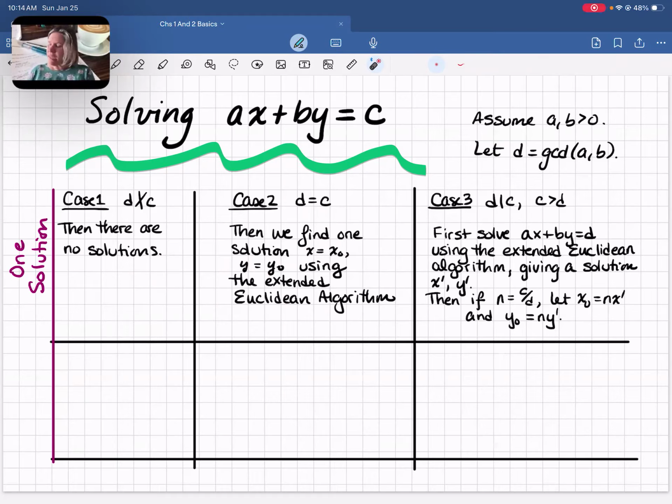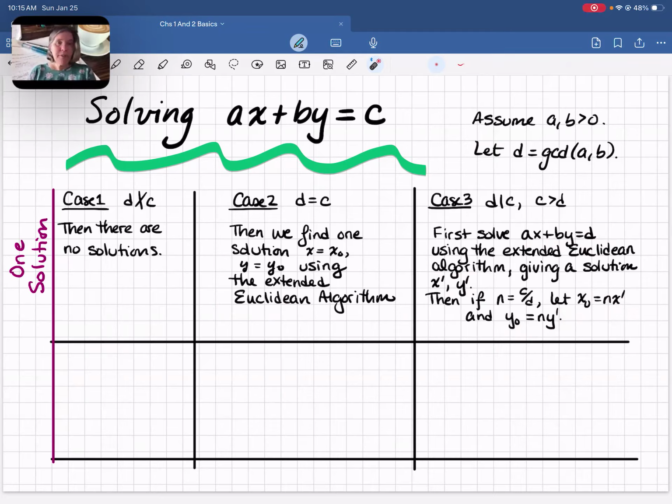The third case is when d divides c, but c is strictly bigger than d. Then first you solve ax plus by equals d using the extended Euclidean algorithm. That gives you some solution x prime, y prime. Then you multiply by n, which is how many times the GCD goes into c. So n is equal to c over d, and your x naught will be n x prime, and your y naught will be n y prime.